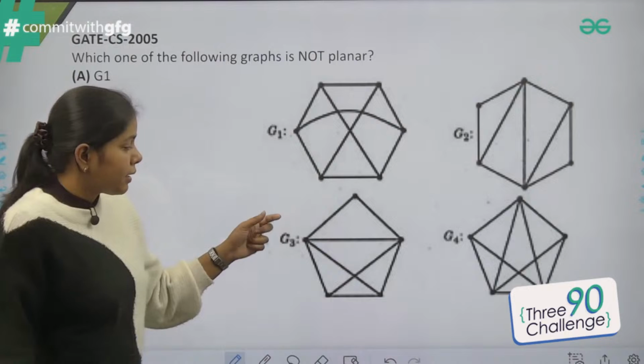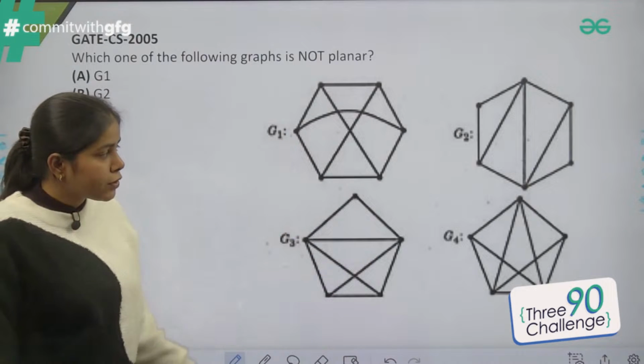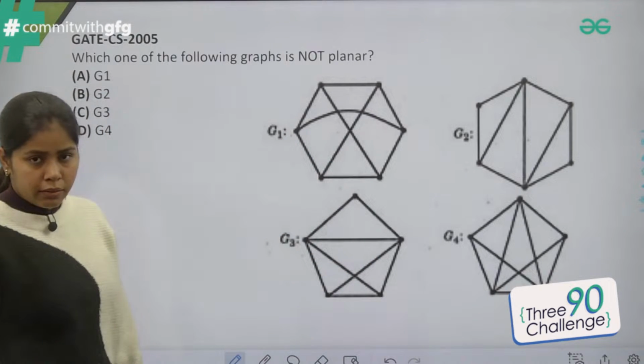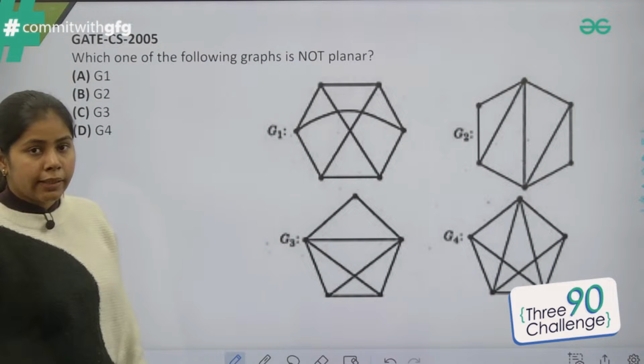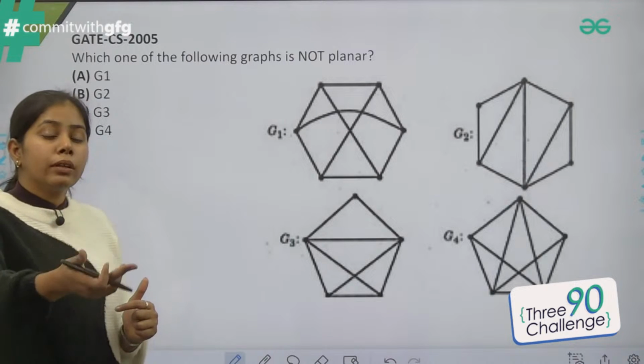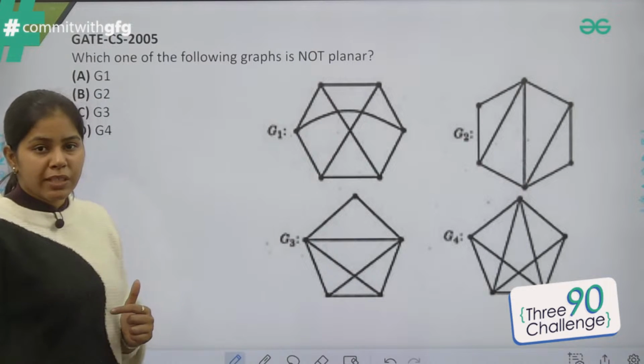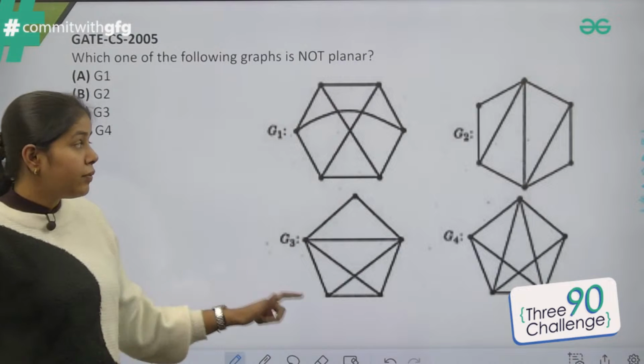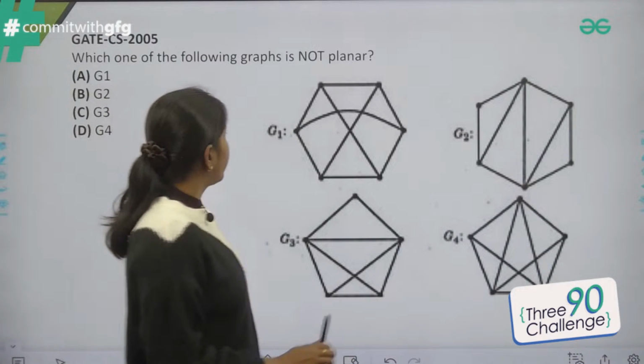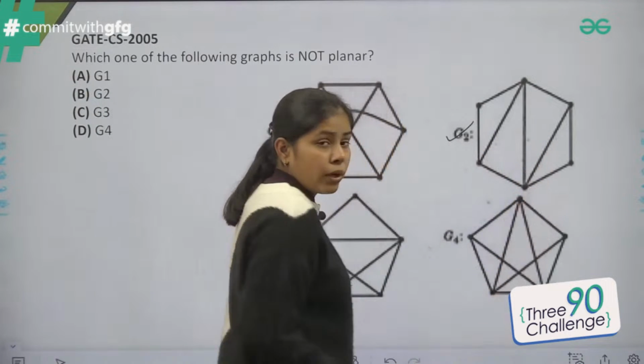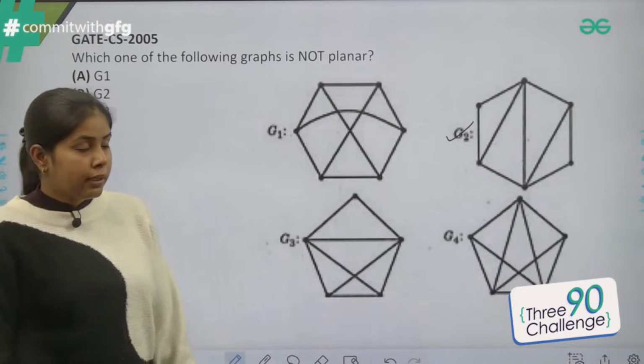You can see that in all the graphs it looks like edges are intersecting, but I can find a planar representation of a graph in which they are not intersecting. So first of all, this is planar, no edges intersecting other than at vertices.